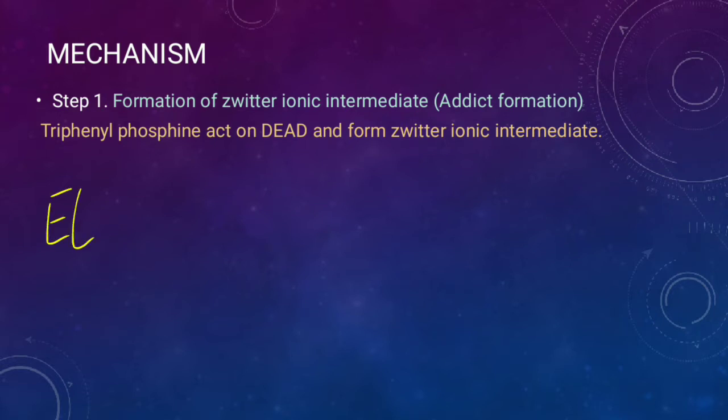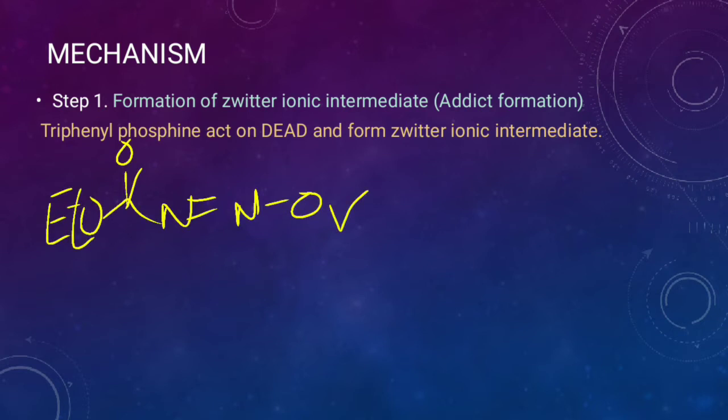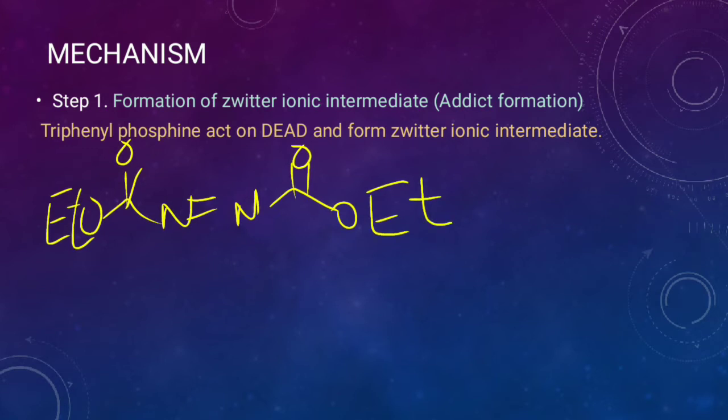So this is our diethyl azodicarboxylate, reacting with triphenylphosphine. This triphenylphosphine contains a lone pair, and this lone pair attacks this nitrogen, and this double bond breaks and the electrons shift to this nitrogen, and the zwitterionic intermediate is formed.